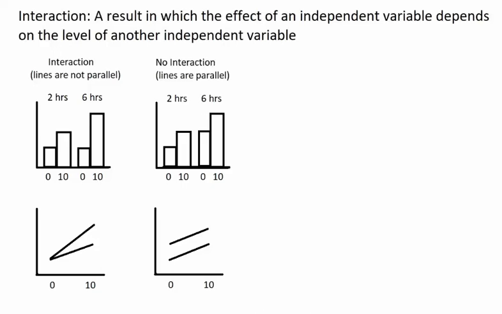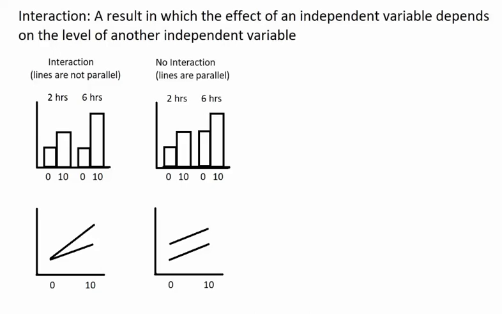So in a factorial design, the researcher runs all possible combinations of the first independent variable and the second independent variable. So in this particular experiment, imagine that the researcher is interested in testing 0 hours of studying versus 10 hours of studying, and 2 hours of sleep versus 6 hours of sleep.